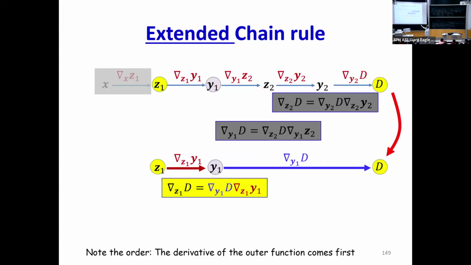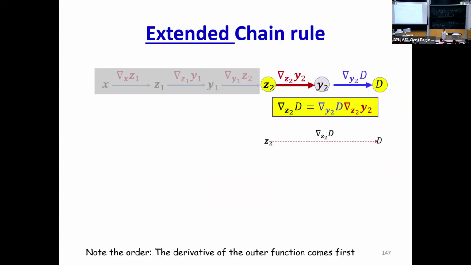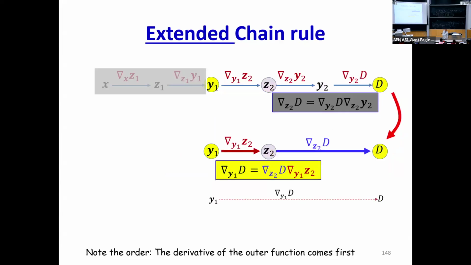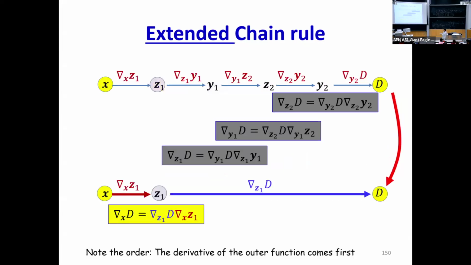That's the derivative of d with respect to y1 times the derivative of y1 with respect to z1. It's always right multiplying. And at each point, notice that the term that's in blue has been computed in the previous step, as I keep going backwards. So I can go all the way back to the beginning. Is this making sense? How I actually compute the derivatives and why this is a very trivial operation.